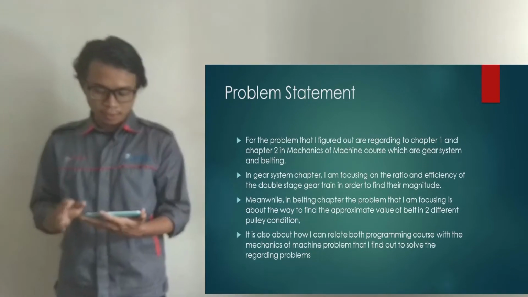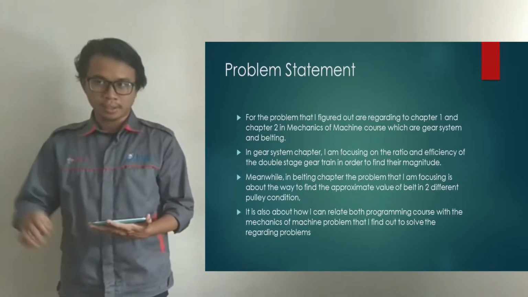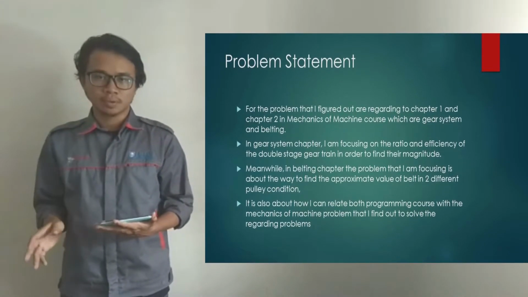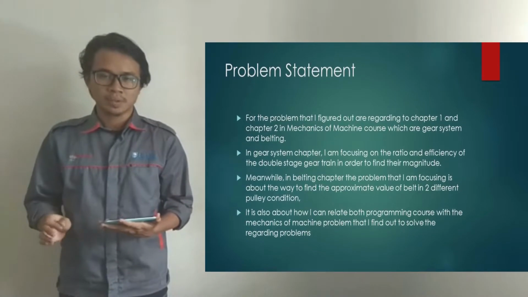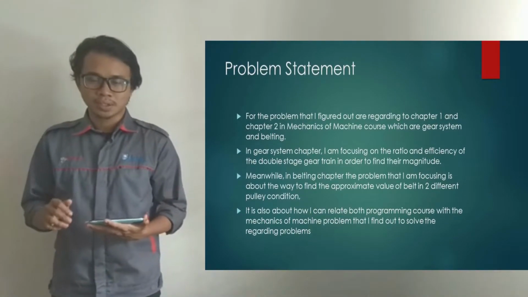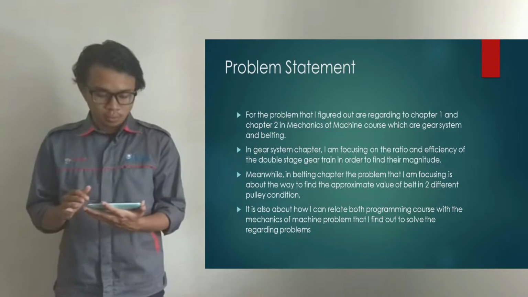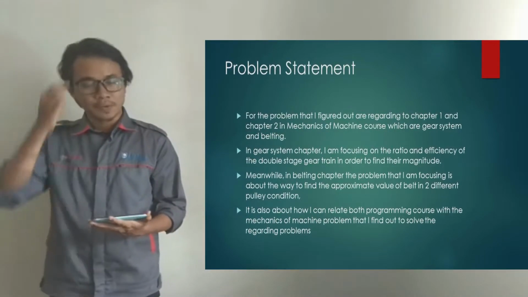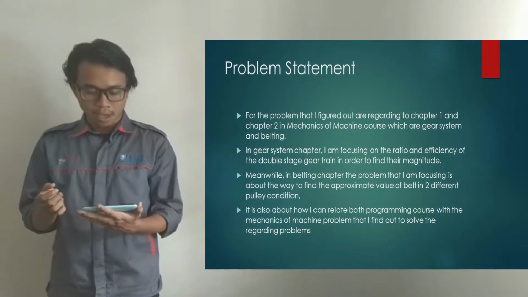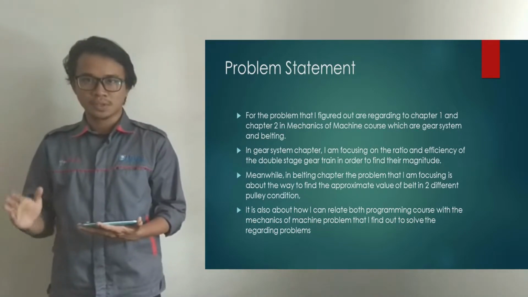From the chapters, I take the problem from chapter 1 and chapter 2 of Mechanic of Machine, which is the gear system and belting. For the first chapter, which is gear, I'm focusing on the ratio and efficiency.